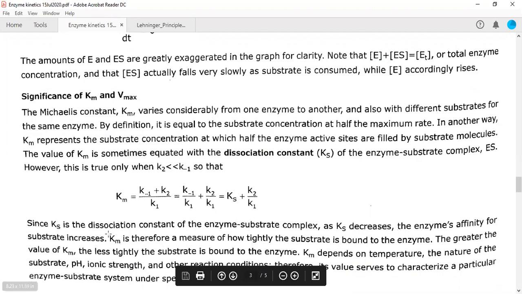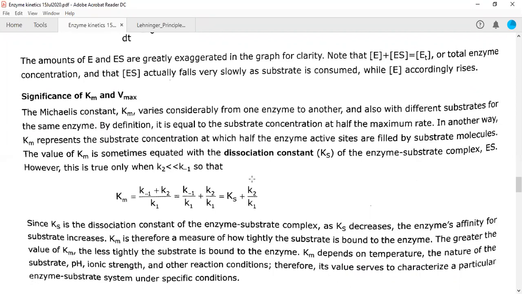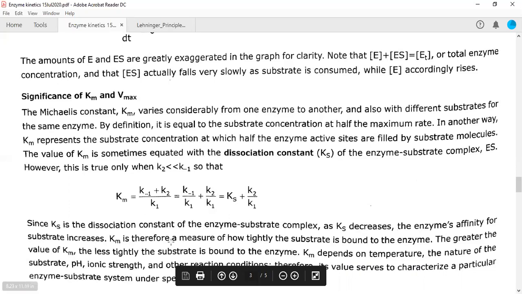In simple terms, Km is equal to Ks plus K2 upon K1, so you can think of this as directly proportional to Ks. If the Km value decreases, enzyme affinity for the substrate will increase, meaning it has an inverse relation. If the Km value increases, the affinity for its substrate will decrease. So you need to underline this line.